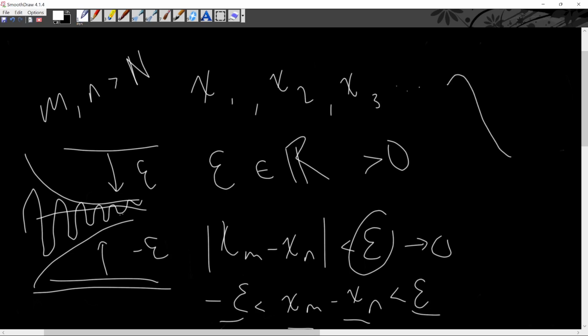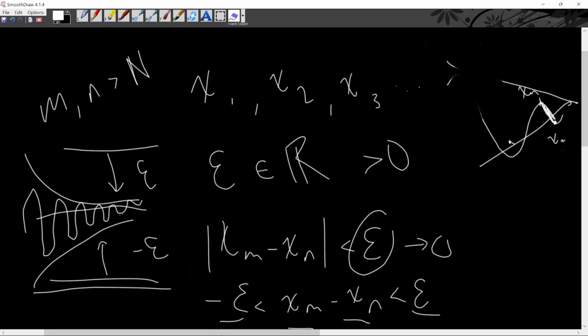If this is zoomed in, if this is x sub m, and this is x sub n, then the distance here, if this is still a Cauchy sequence, which means it's being bounded, then the distance here is decreasing as epsilon itself, like this value and this value, is decreasing.